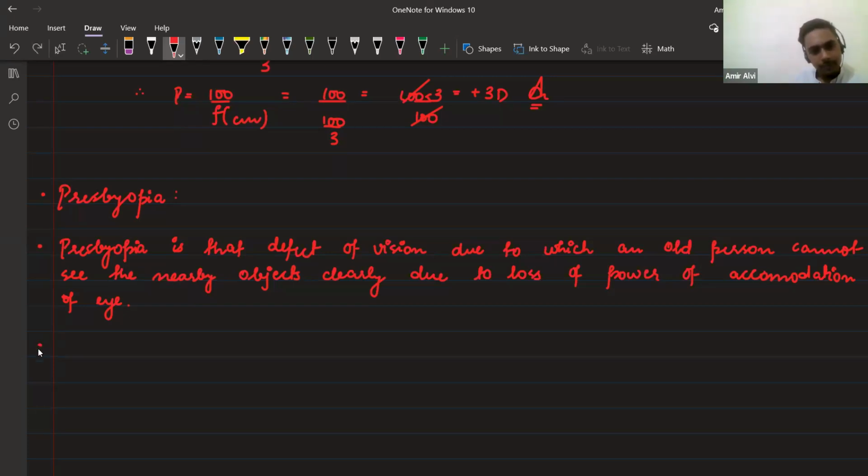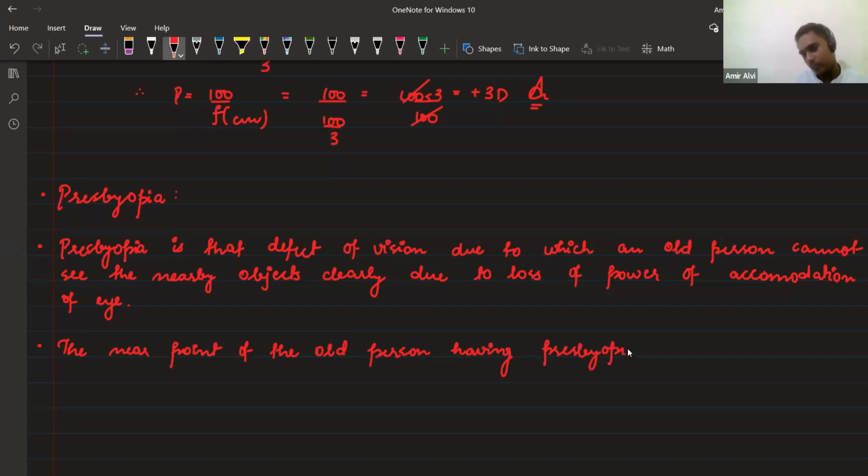The near point recedes away and becomes much more than the normal value.